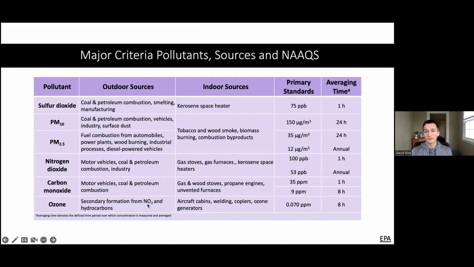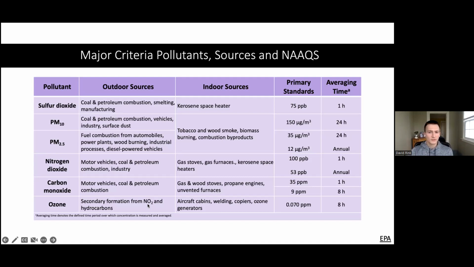This chart shows 5 of the 6 criteria pollutants: sulfur dioxide, particulate matter of different sizes, nitrogen dioxide, carbon monoxide, and ozone. It also shows their common sources and the national air quality standards that were most recently set by the Clean Air Scientific Advisory Committee.